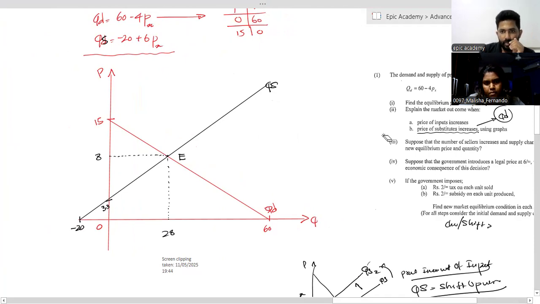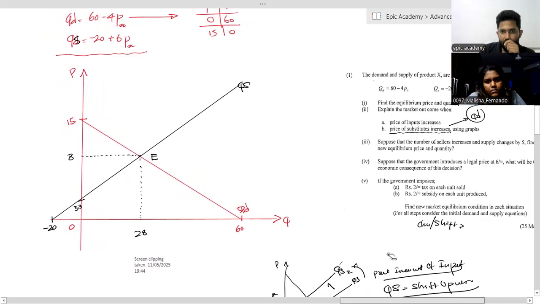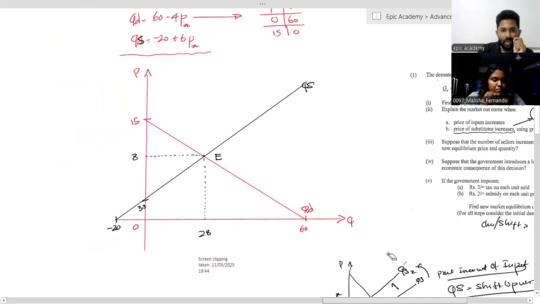Let's move to that one. Suppose the government introduced a legal price of 6 rupees. What will be the economic consequences? Okay, let's move on.